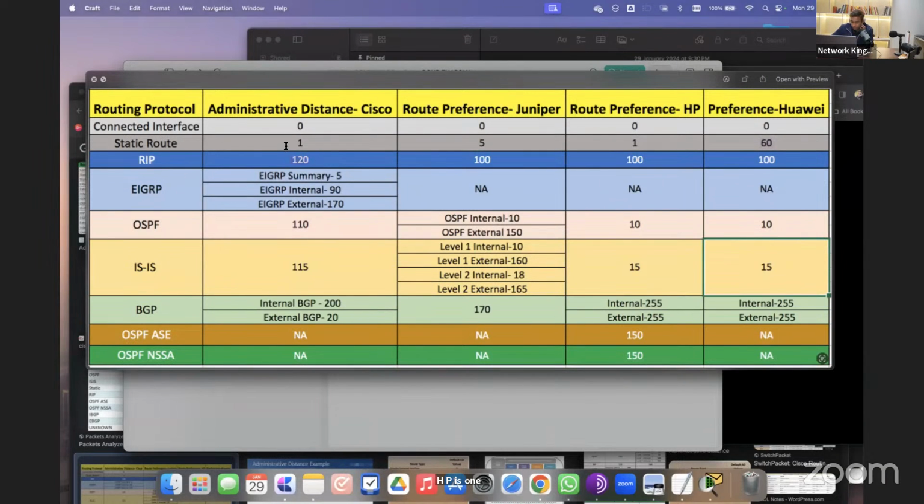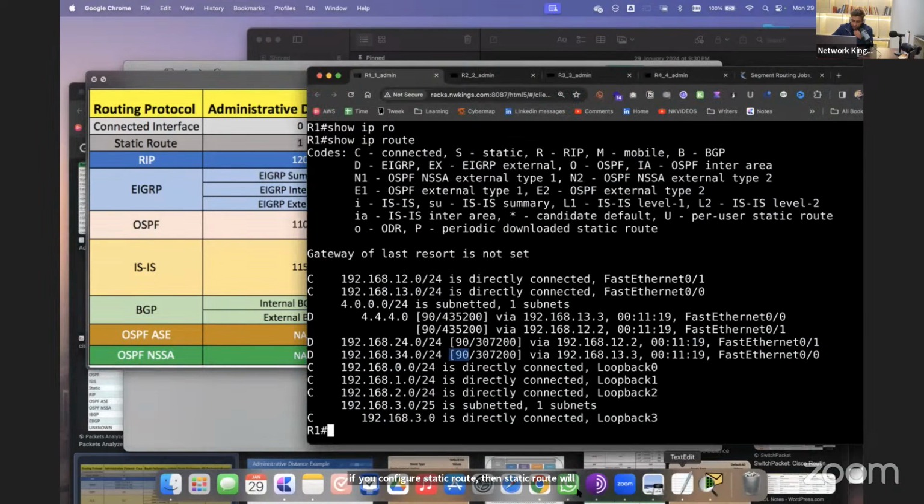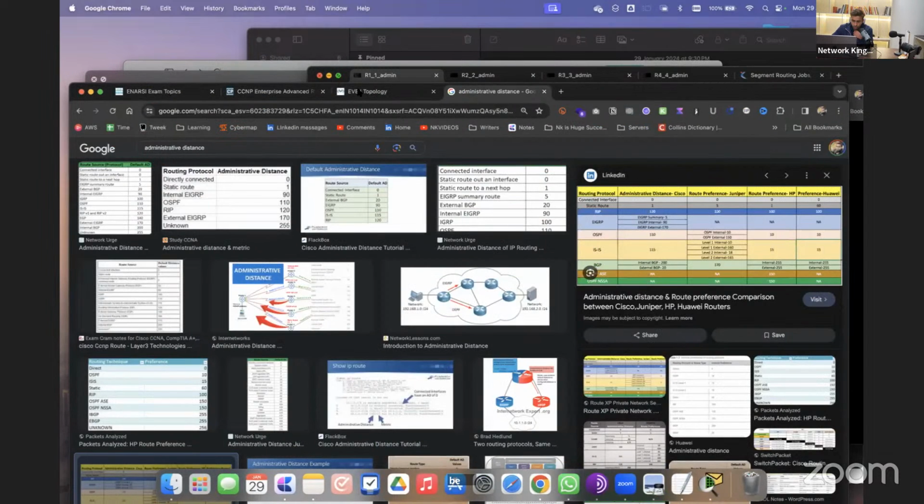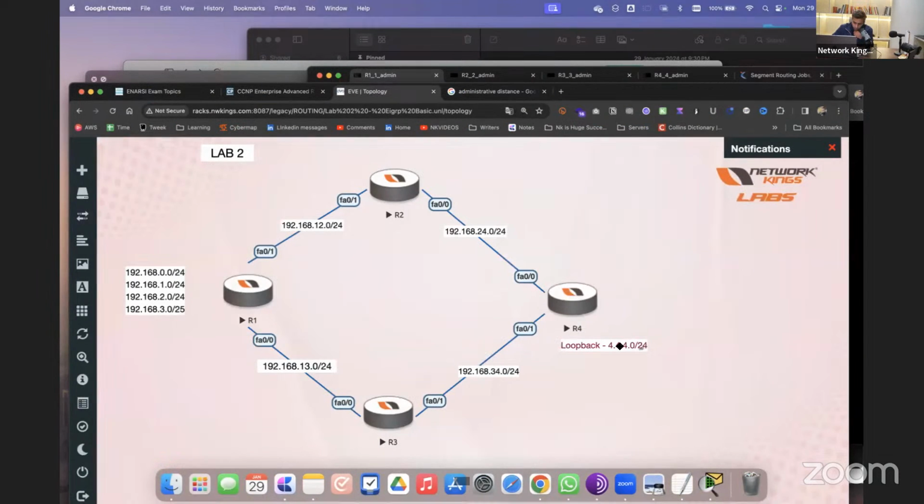Okay, but Cisco has 1. So Cisco says manual configuration is always better. As a network engineer, if you configure a static route, then the static route will be considered. Let me give you an example now. If I go to the topology again, I have added 4 networks in EIGRP.